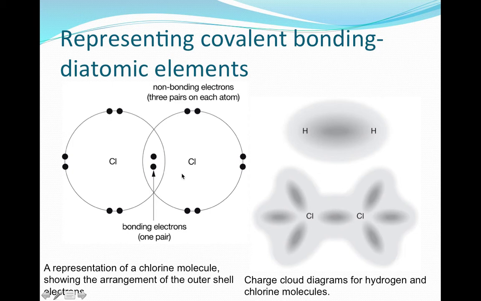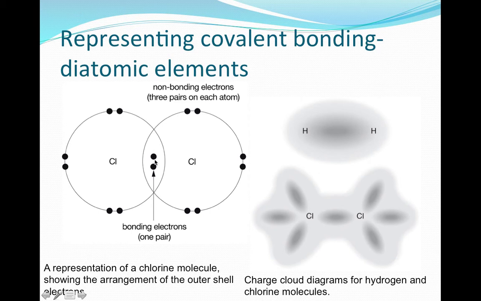Now, a chlorine atom, just one of them, has got 7 electrons in its outer shell. Okay, 1, 2, 3, 4, 5, 6 are paired up, and these ones are not going to bond because they're very happy. But then we've got this last one, which is on its own and it wants a partner, so it's going to pair up with the unpaired electron from another chlorine atom.